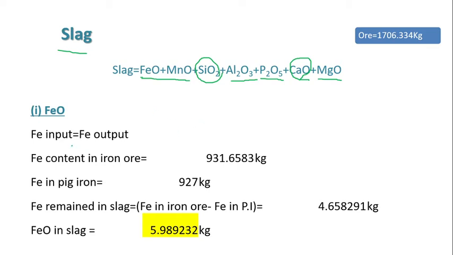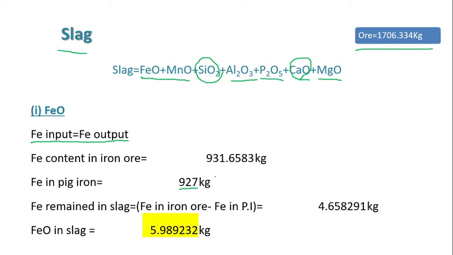So first of all, we have to balance the iron. So Fe input should be Fe output. Both should be equal. So Fe content in the iron ore is 931.658. Where does this come from? Because we have calculated that ore required is 1706 kg, and from that we can calculate the Fe content in iron ore. And in pig iron, 92.7% iron means 927 kg of iron.